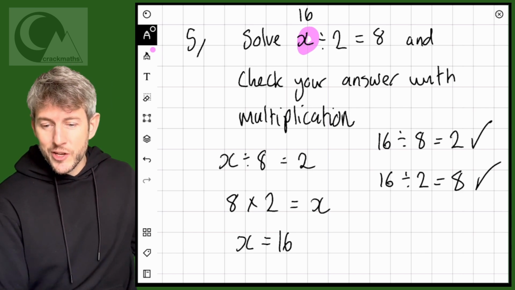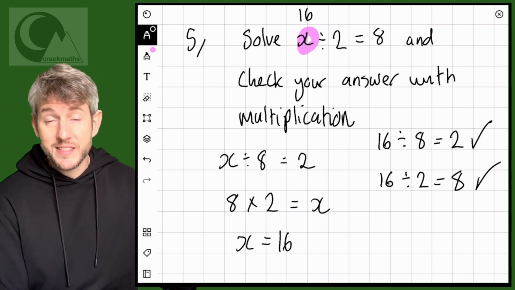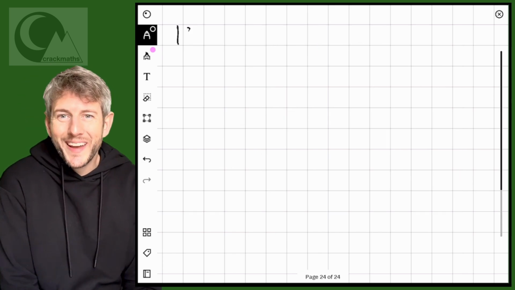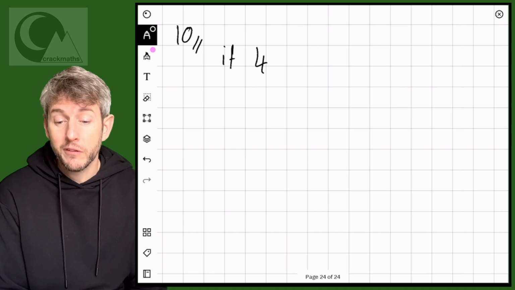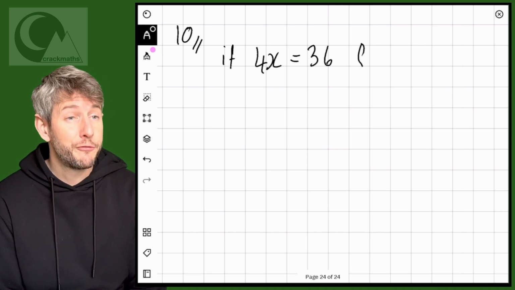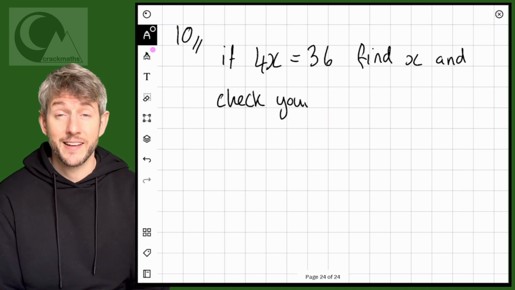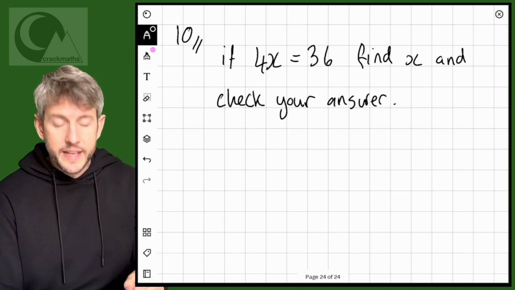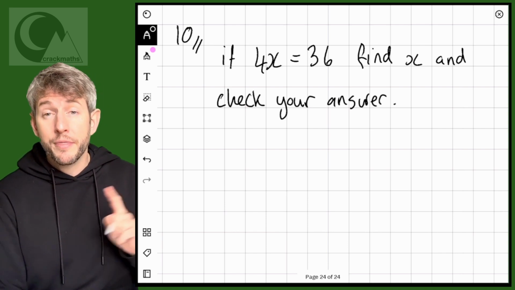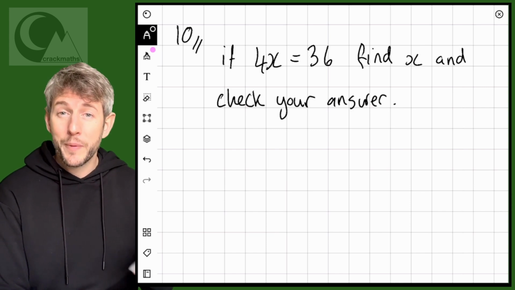Okay, right, let's look at one more question from the practice and then we'll go over to the scenario. Okay, so here we go. In this question, if 4x equals 36, find x and check your answer. If you see a number next to a letter, that does mean that they are being multiplied together.